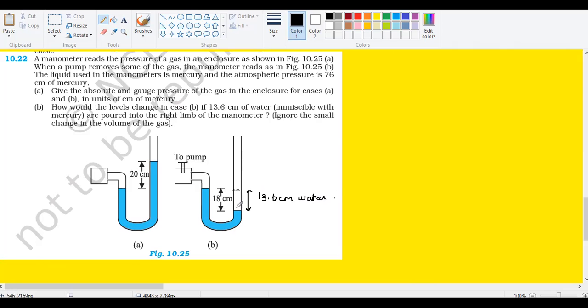So I'm adding 13.6 centimeter of water here. So it means this is a water column. Again, will there be any change on this side or not? 19 centimeter of mercury.